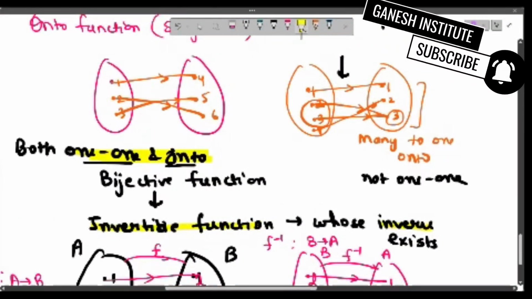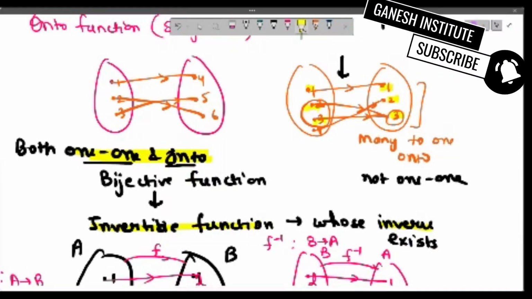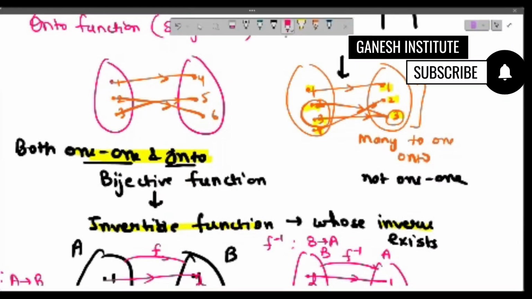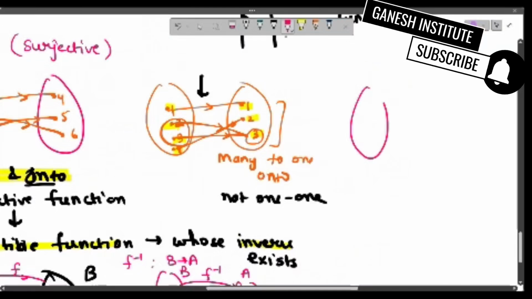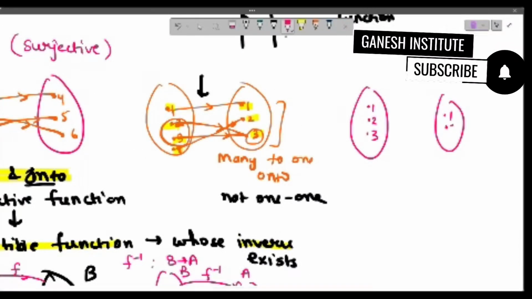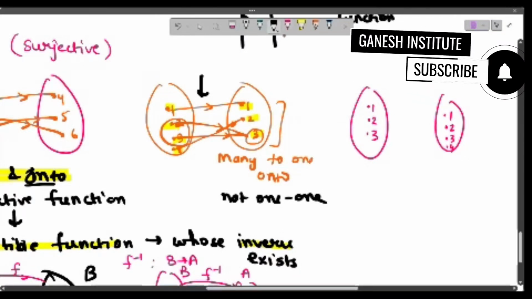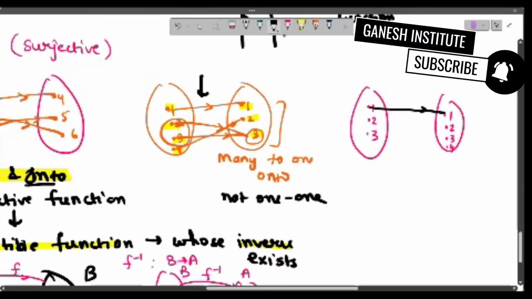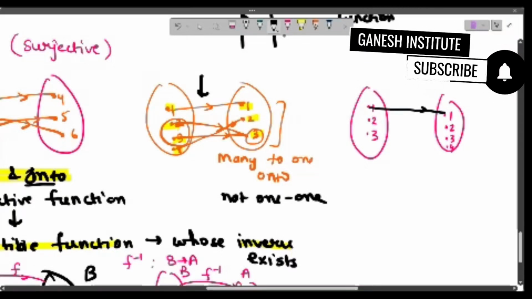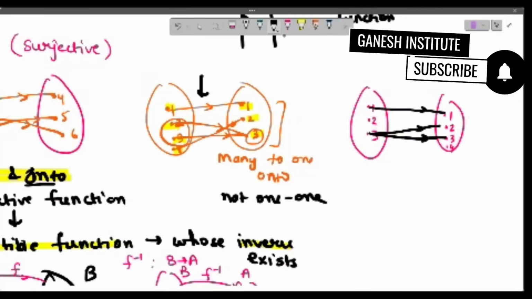Can you see here? When I have many to one, and if I flip it, my x value becomes this and y this. Now I'll map. So 1 with 1 and 3 with 2 and 3. Can this be a function?